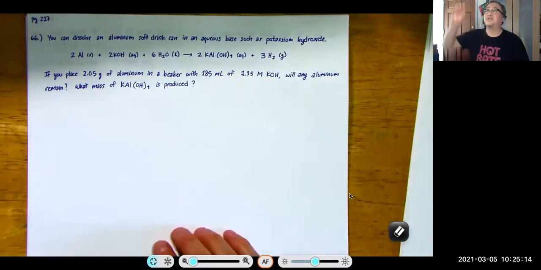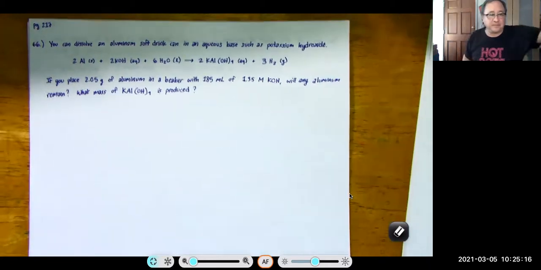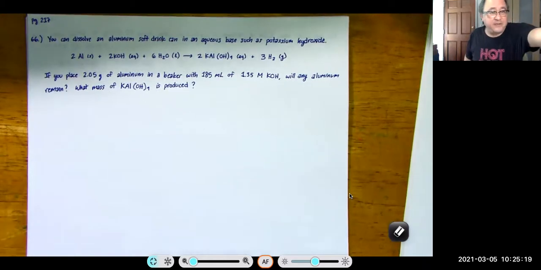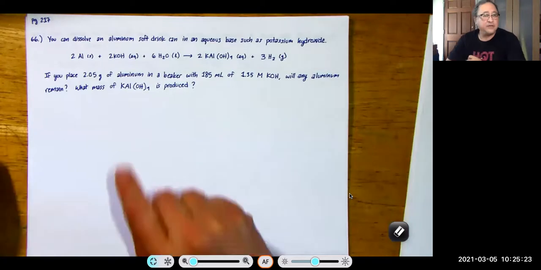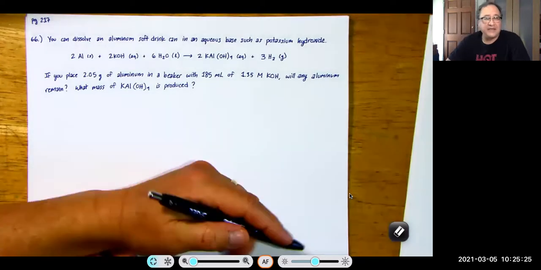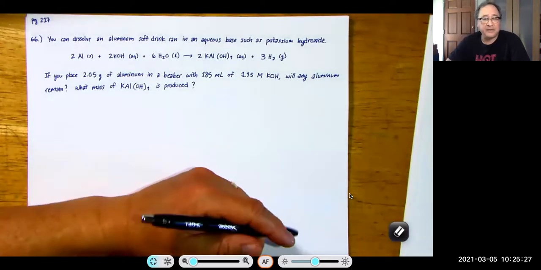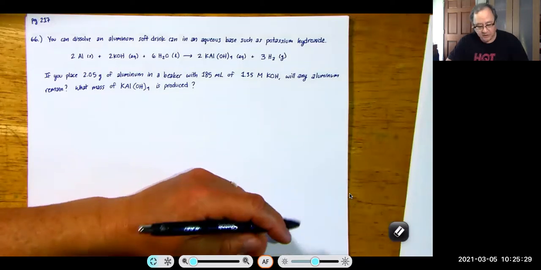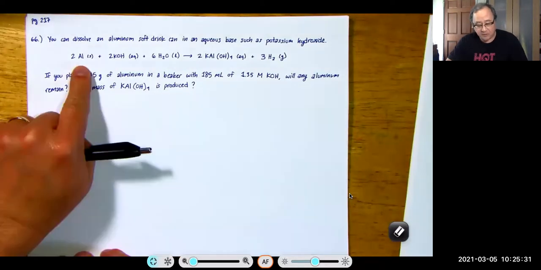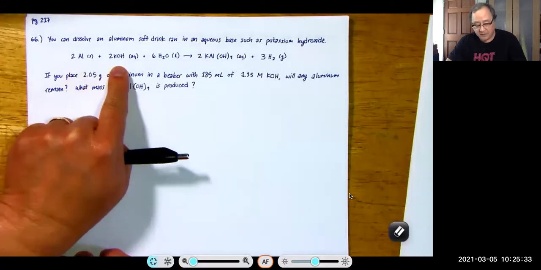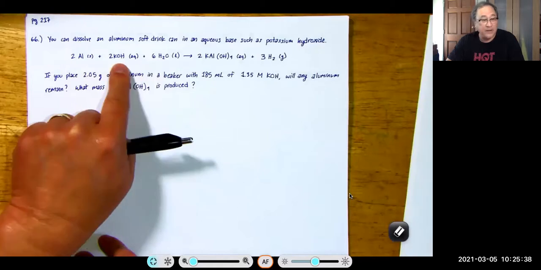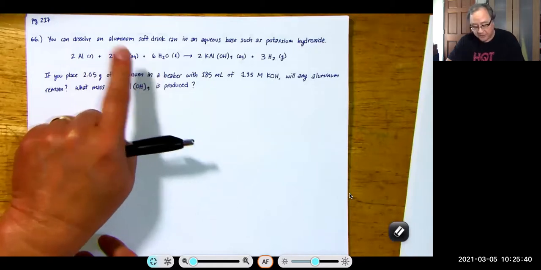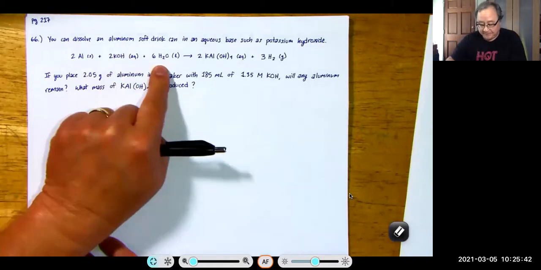So let's take a look at this first one here. You can dissolve an aluminum soft drink can in an aqueous base such as potassium hydroxide. So the aluminum in the can reacts with the potassium hydroxide. And of course you have water in the solution already because this is aqueous, but nonetheless, you do need water for the reaction.